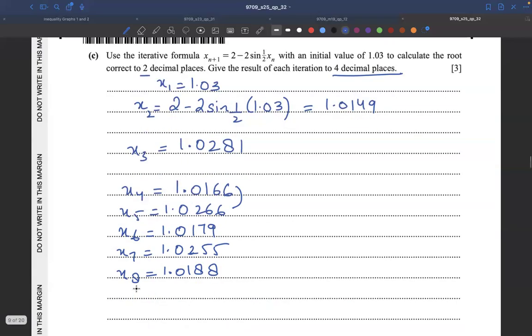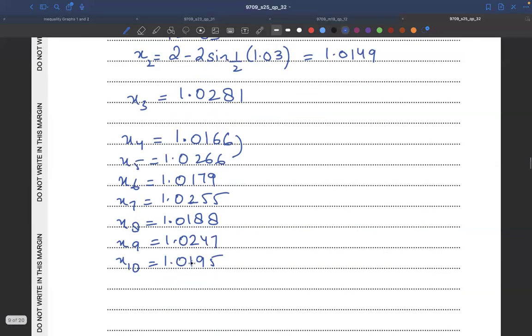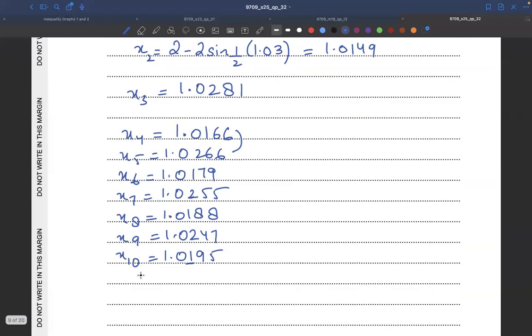we get 1.0246. Now it's 1.0195. So basically, to two decimal places, the answer will always be 1.02. You can just do it one more time to confirm.